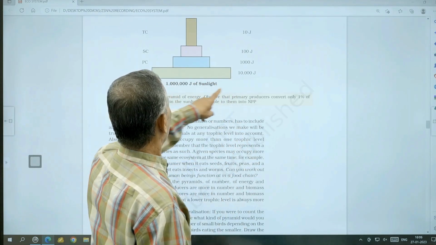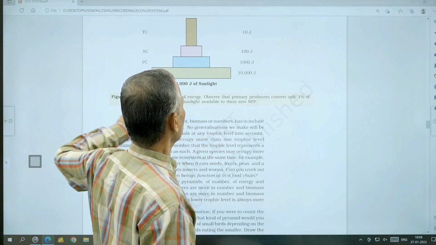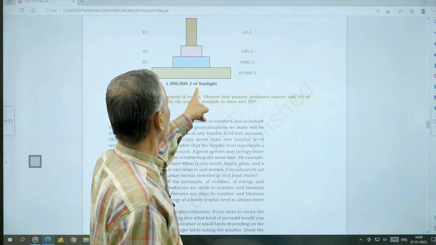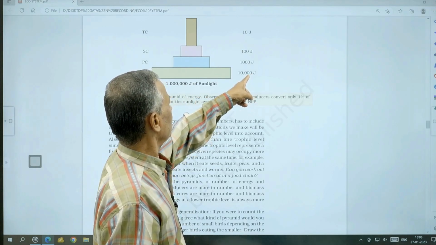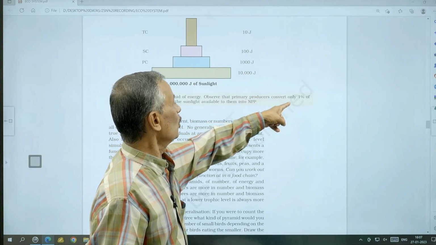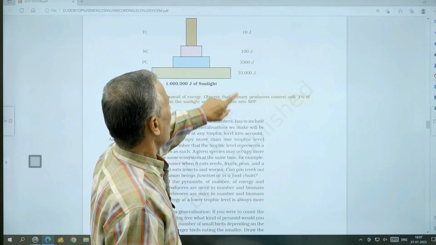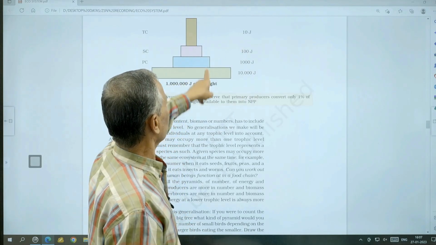Remember, primary producers, plants, will convert only 1% of the energy in the sunlight available to them into NPP. Only 1% is converted into NPP, and that NPP is given to the next one, and only 10% is given to the next one.